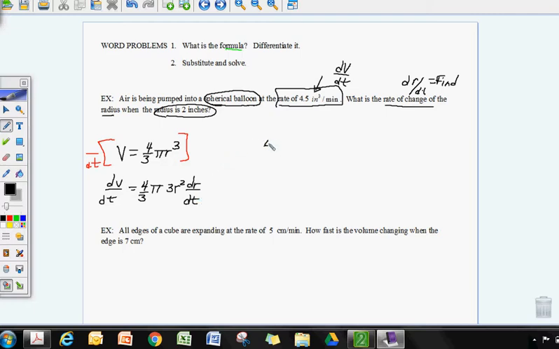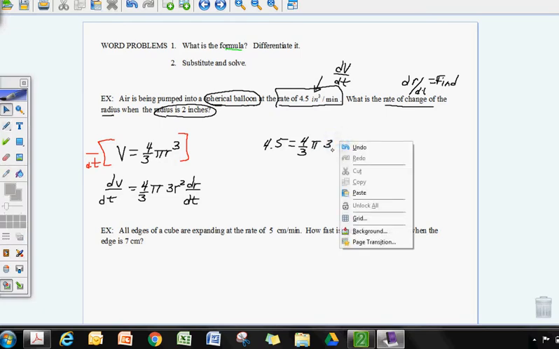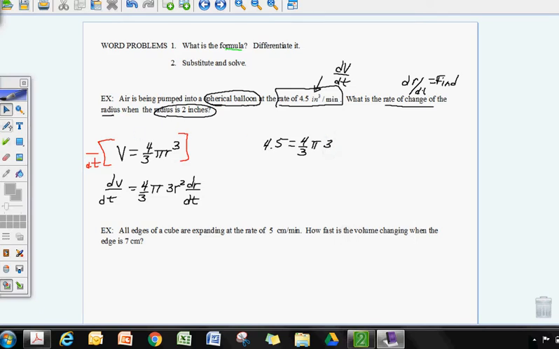My dV/dt is 4.5. It's going to equal 4/3 pi times 3. My radius that they gave me is 2, and I'm going to square it, and my dr/dt is what I'm trying to find, so I kept it dr/dt.